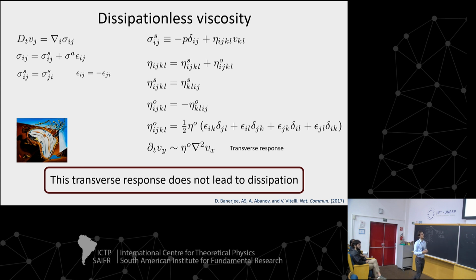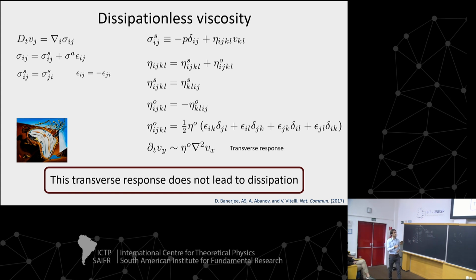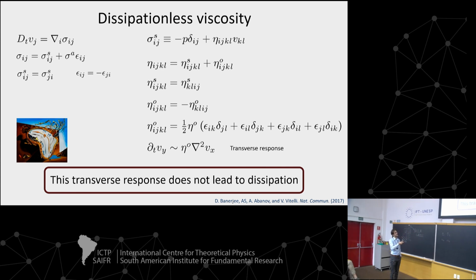Then there's a more rigorous argument that you can use to prove that, but also a more heuristic one. You substitute this part of the odd viscosity back into the stress, and then into the equation of motion, into these generalized Navier-Stokes equations, and you find that the force in the y direction will have a component that's proportional to the odd viscosity and depends on the velocity gradients in the x direction.